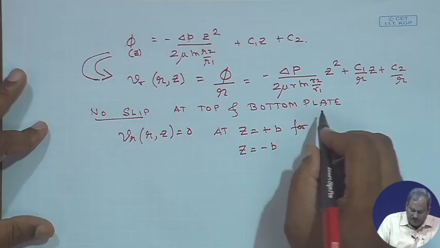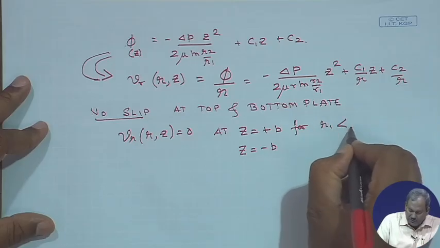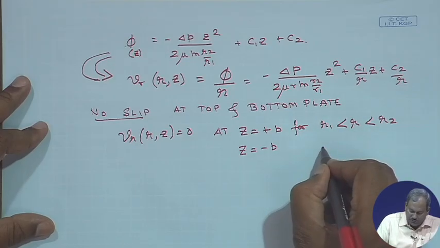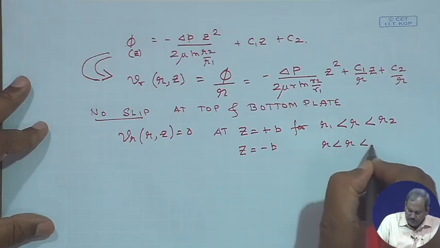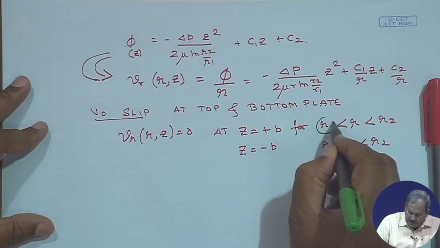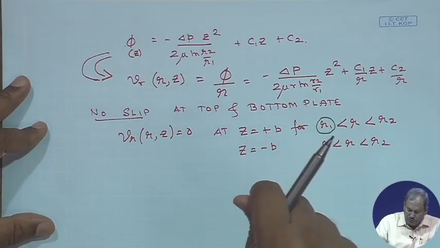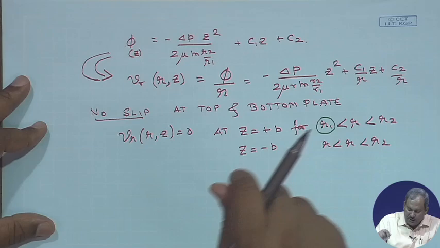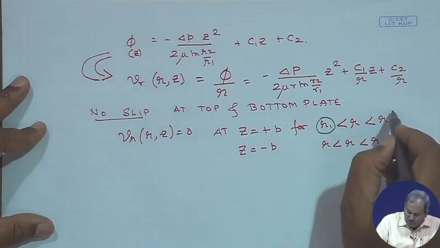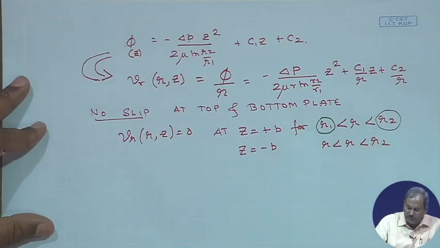However, we must realize that it is valid in a region where r is greater than r1 but less than r2, where r1 is the radius of the hole at the top through which the liquid comes in to the space between the two discs, and r2 is the outer radius of the two discs.